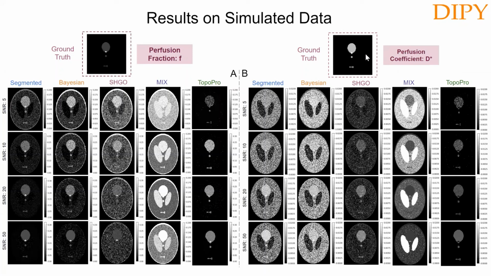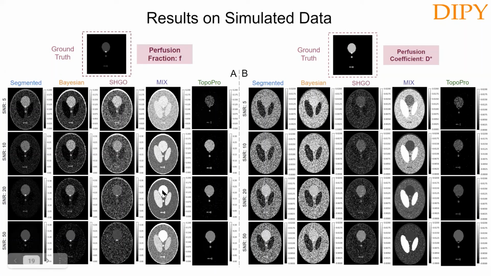You can see that using TopoPro, as the SNR increases, so we have SNR 5, 10, 20, and 50, it is quite noise tolerant, and you get closer to ground truth as the SNR increases. But for these other methods, the perfusion fraction is not estimated properly.